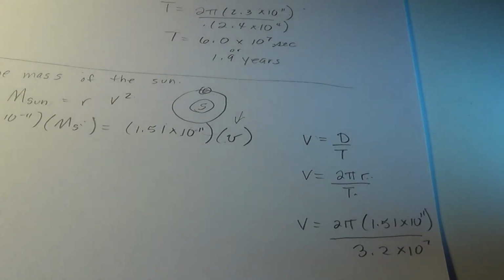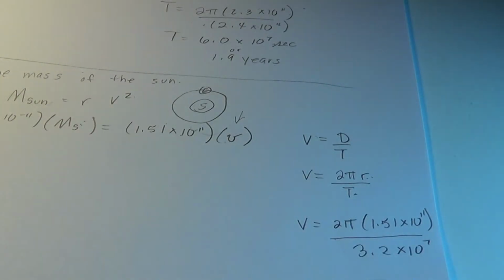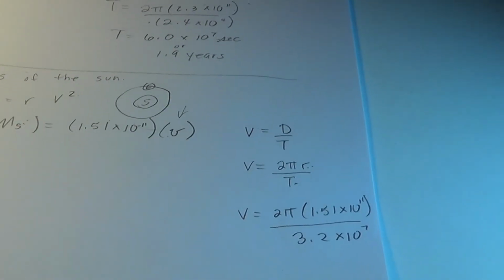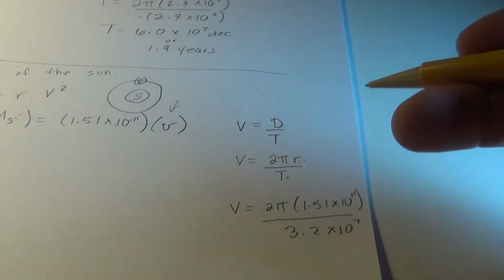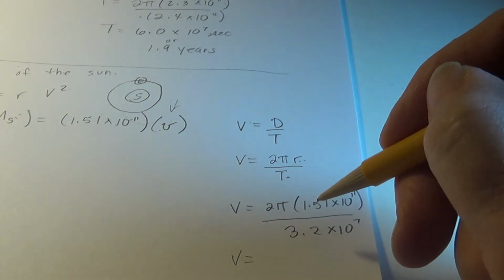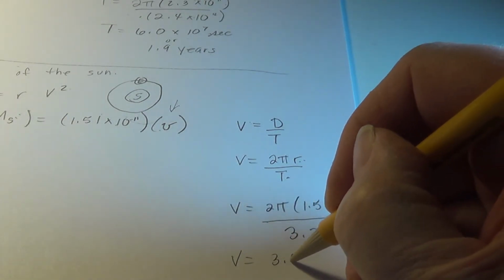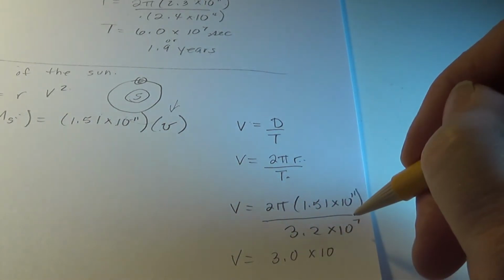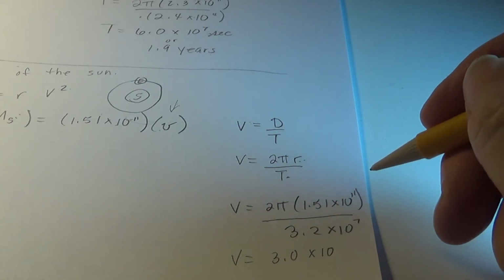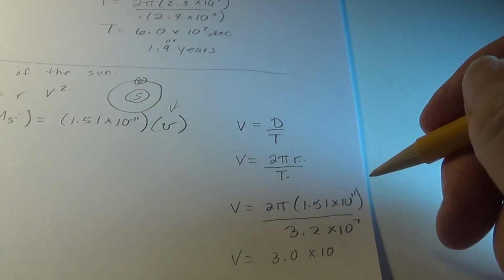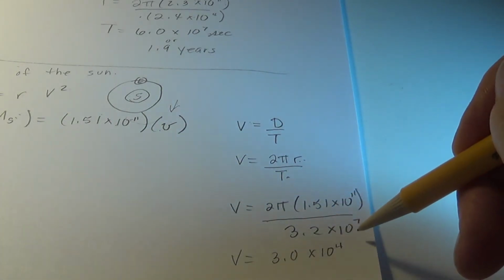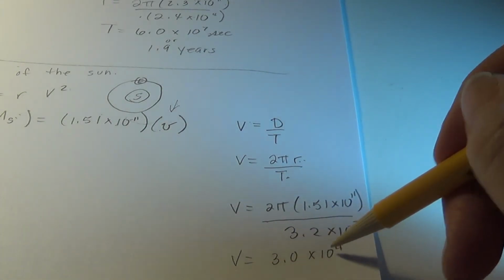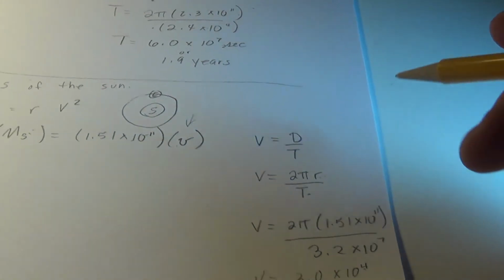I would have given you that, or you could have calculated it from the fact that 1 year is that many seconds. When I calculate that, I get 3.0 times 10 to the 4th meters per second, which is the velocity of the Earth as it travels around the sun.